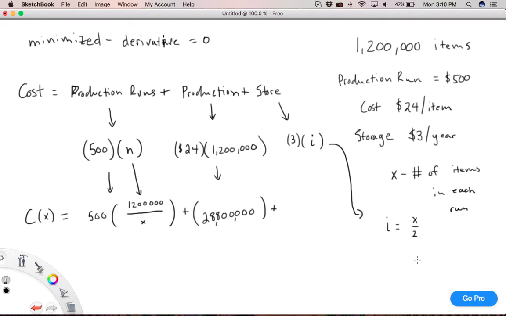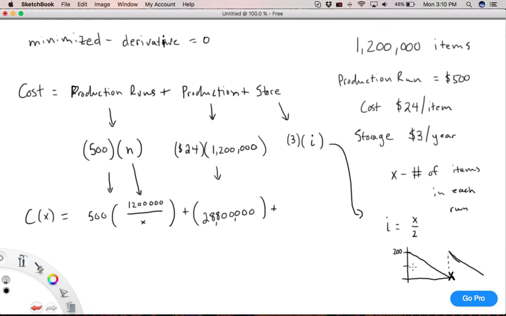And the reason for that is that if you produce, for example, 200 items and then you store them in your warehouse and you start selling them, as soon as you run out, you're going to have to produce 200 more and then you'll start selling those.